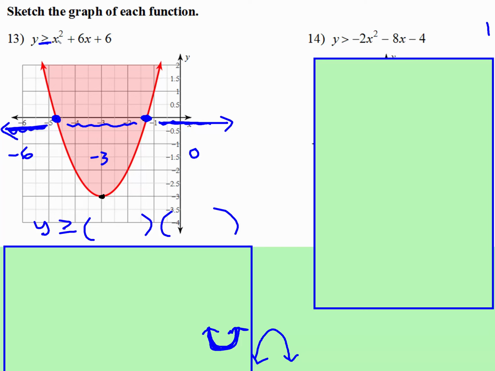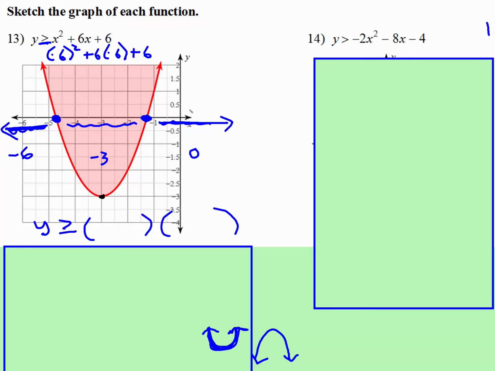You plug each of those values in, so it'd be -6 squared plus 6 times -6 plus 6. And then you figure out, is that a positive value or negative value? Then right here, you plug in -3, figure out, is it positive or negative, and you mark that.